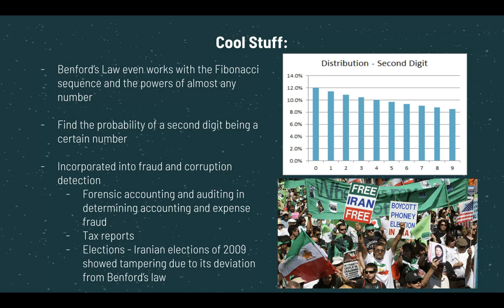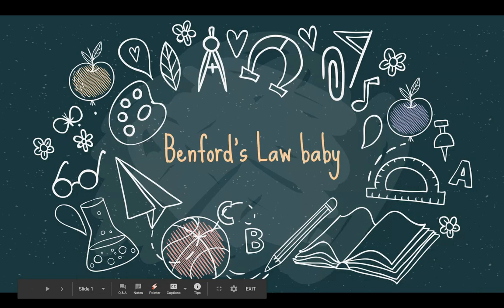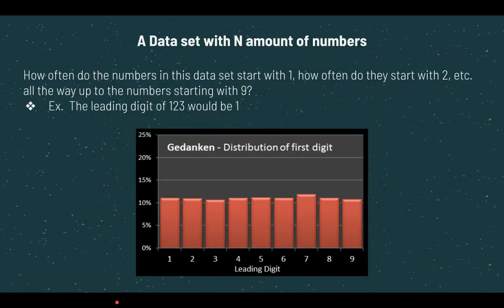And some applications are that it's mainly incorporated into fraud and corruption detection, so forensic accounting and auditing, when determining accounting and expense fraud. It's known that people who forge or falsify their tax records usually choose numbers that are more uniform, more like the graph we saw here, where each leading digit had around a 1/9 chance of occurring.